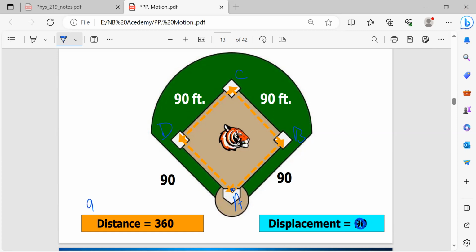So it will be 90 plus 90 plus 90 plus 90, so it will be 360. But displacement here is 0. Why? Because the starting point here is the ending point. It's the same point. We say that the body returns back to the starting point.